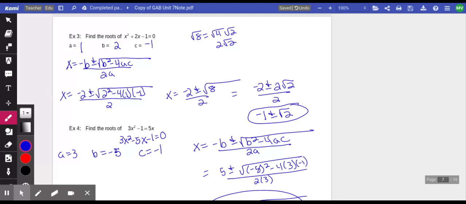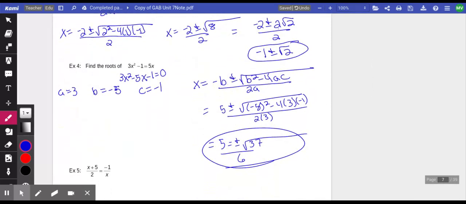I simplified what was underneath the radical, which gave me 8. Square root of 8 I can simplify into square root of 4 times square root of 2, which is 2 radical 2. So that gave me negative 2 plus or minus 2 radical 2 over 2. Because I could divide both items in the numerator by 2, I did, which gave me negative 1 plus or minus radical 2.